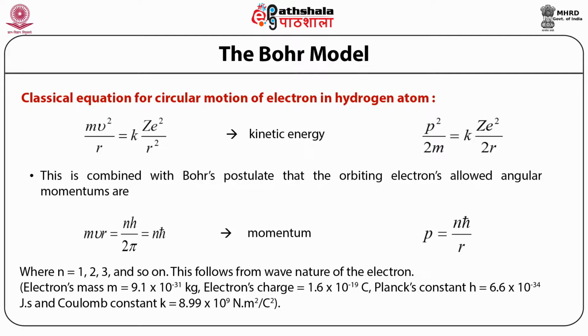And what is the value of h cross? It is h by 2 pi, and it turns out to be about 10 to the power minus 34 joule seconds. So this equation tells you that the momentum of the electron is restricted to only discrete values, which is n h cross by r.